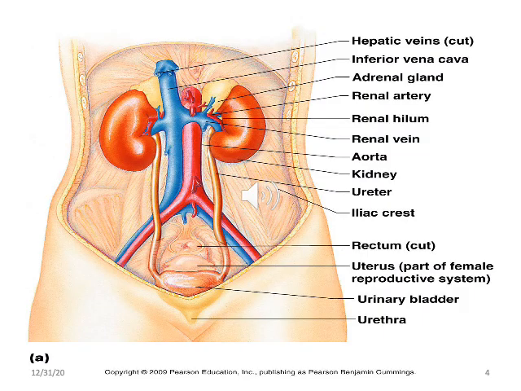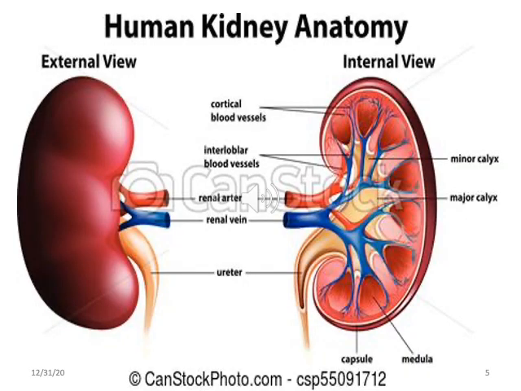This is the basic macroscopic appearance of the urinary system. We have two kidneys, two ureters, and bladder. When we see the internal structure of the kidney, there are two distinct parts we can identify in internal view.